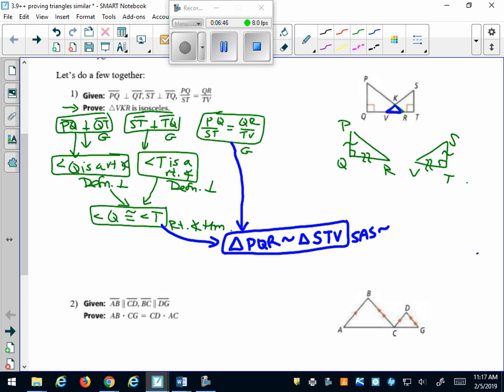Yeah, Jane. Okay, so the idea was to mark angle R and angle V congruent, is that what you said? Right. R and V congruent. What might be a logical reason why we could say those are congruent? Yep, Andrew?